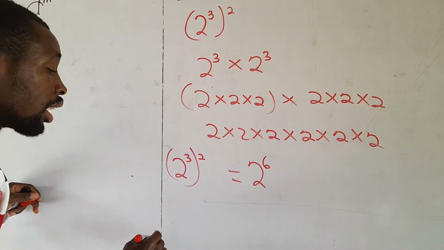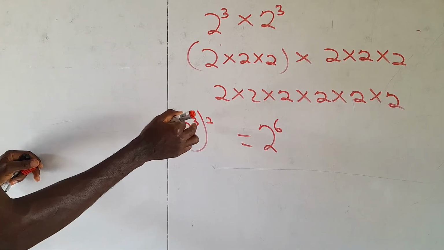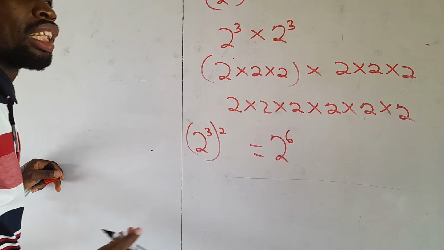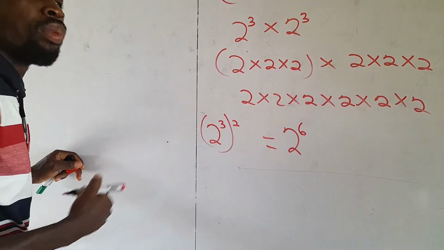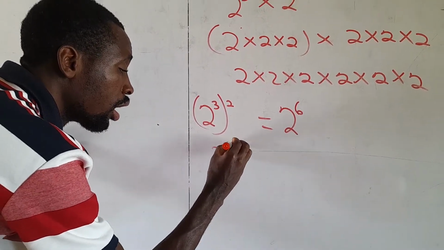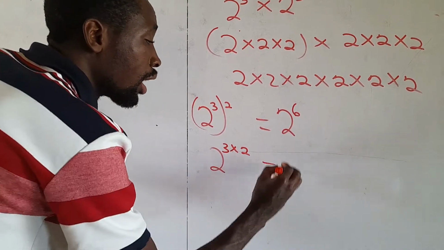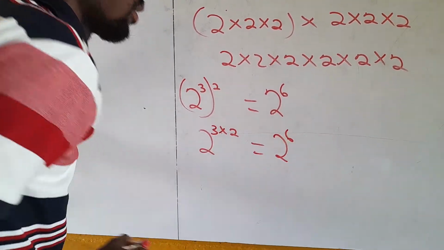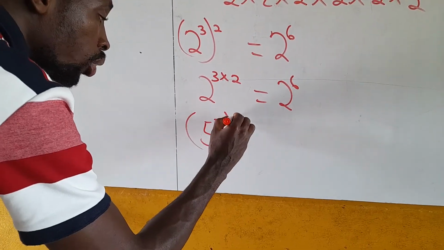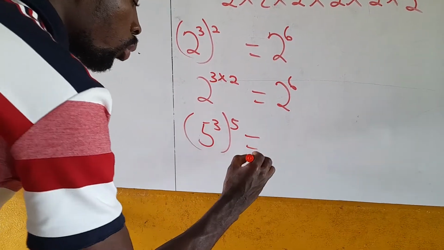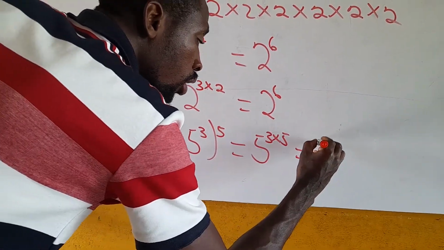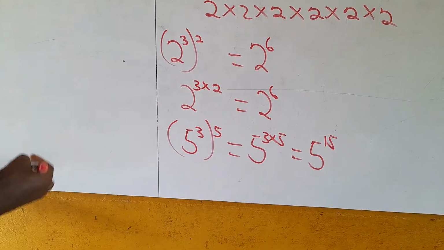What does it mean? It means that when an index or indices is being exponented again, the exponent will multiply what is being exponented. So this is 2 exponent 3 times 2. That's how we have 2 exponent 6. So if I have 5 exponent 3 exponent 5, it will be equal to 5 exponent 3 times 5, which will be 5 exponent 15.